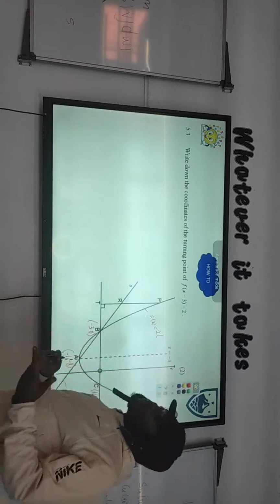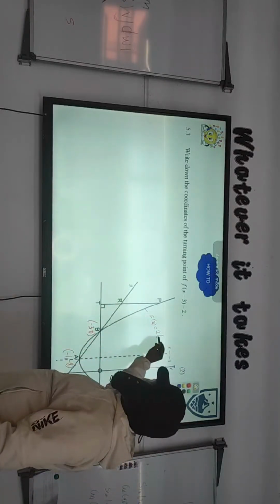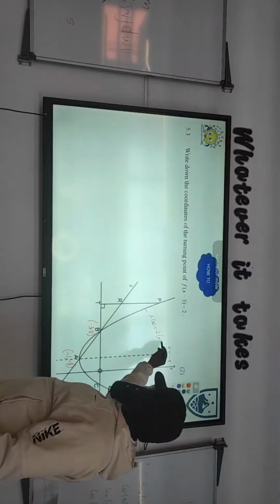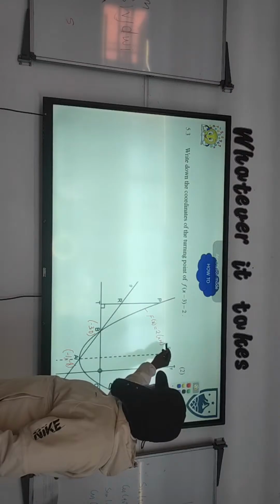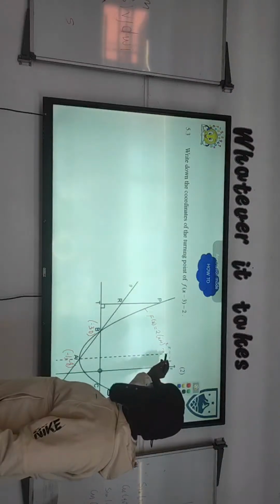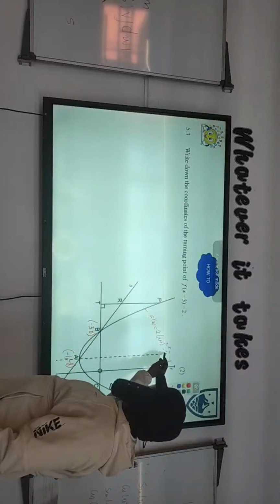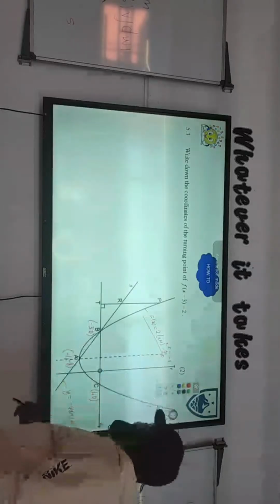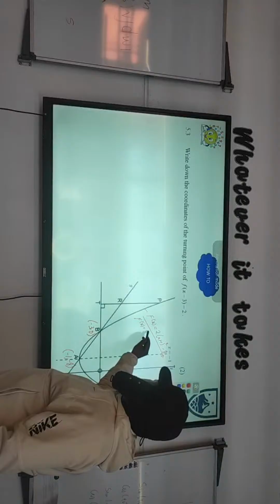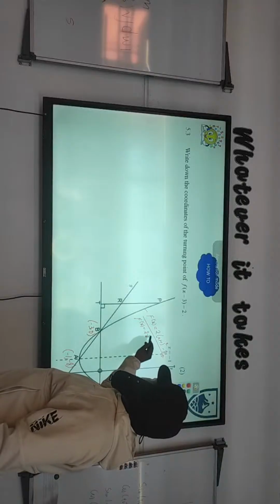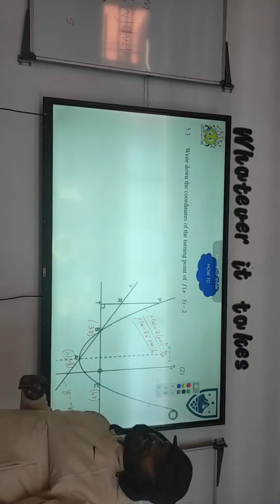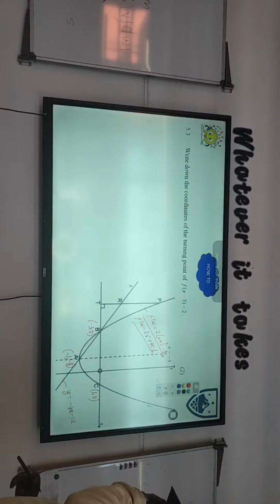I can write it in turning point format because I like it: x plus 1 squared and then minus 8. Somebody can also write it as f at x equals 2x squared plus 4x minus 6, as it is given in our 5.2.